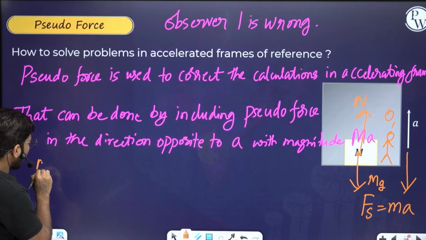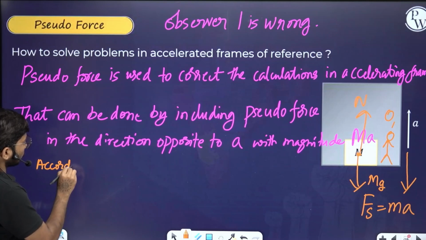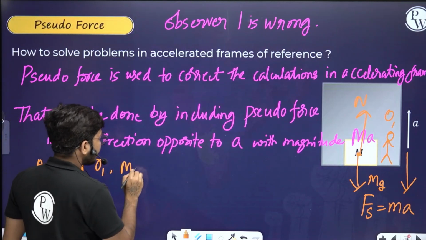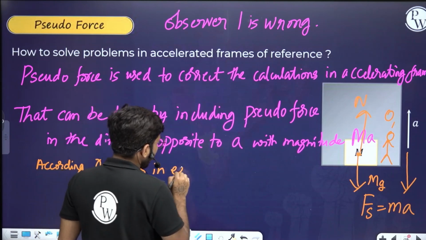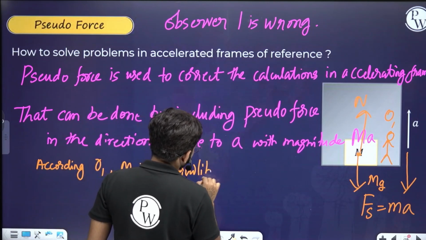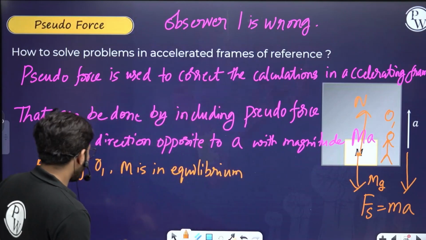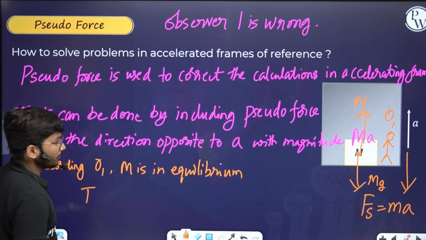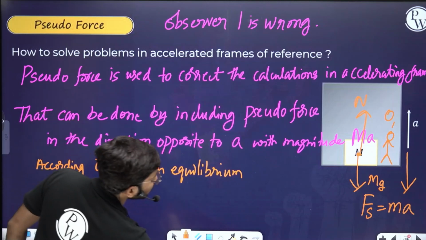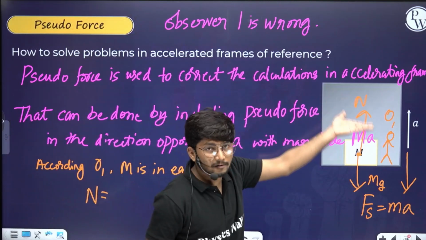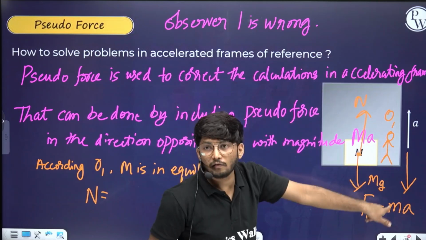So according to observer 1, m is in equilibrium, but we are including the pseudo force this time, right? So your N is going to be equal to, the upward force is N, there are two downward forces now.